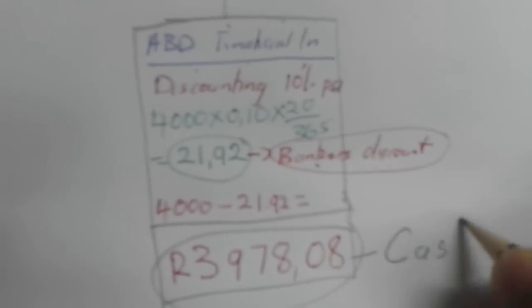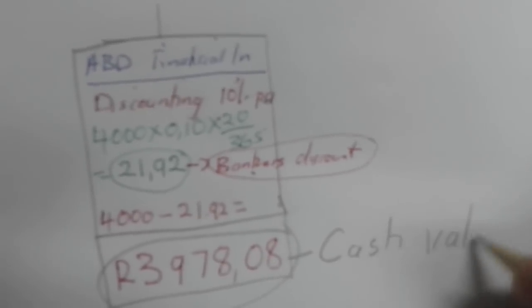There you go. And what do we call this amount? Of course, this is the money that they are receiving. So it's called the cash value.